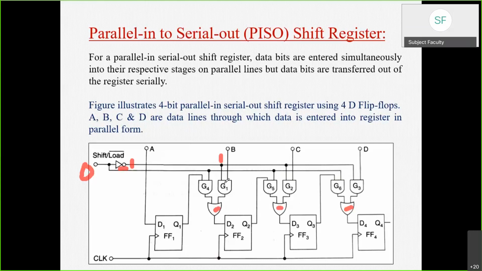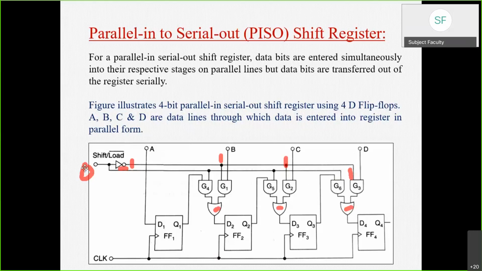You can observe that one of the inputs of G1 is connected to logic high. Why? Because we have assumed that when shift load is 0, the output of NOT becomes 1. So this terminal will also be 1. Again, one of the terminals of G2 will be 1, and one of the inputs of this AND gate will also be 1. Similarly, one point has been drawn here and it is fed to G4, G5 and G6.